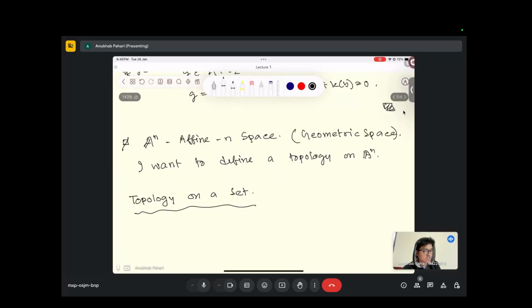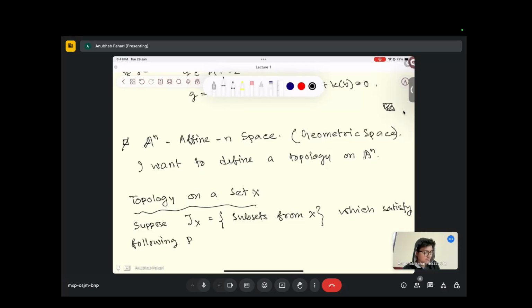So a set X, suppose tau X is a collection of subsets of X which satisfy the following properties.